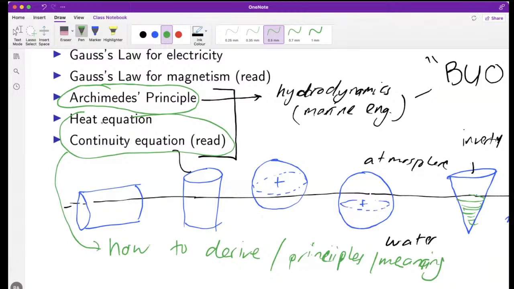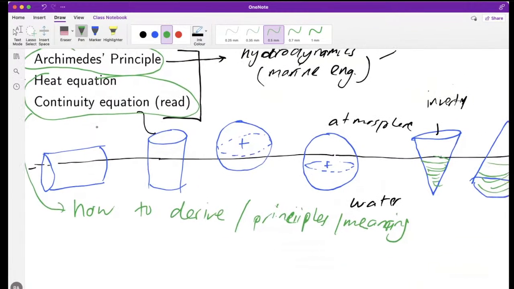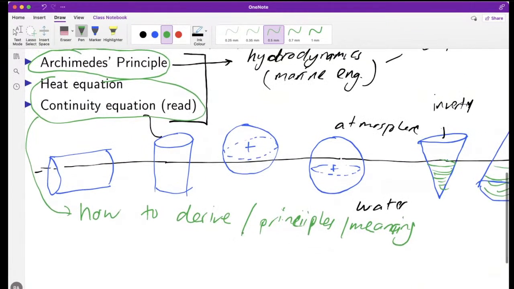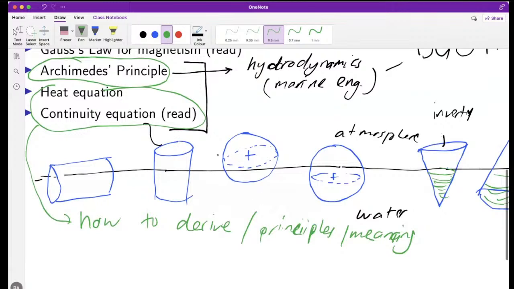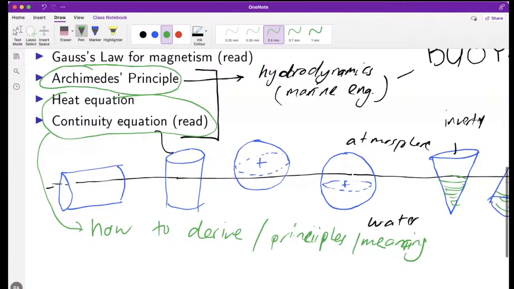It's not like this is something unique. These two equations appear in your other courses too. Maybe not the heat equation, which you will come across later on, in third or fourth year. But the continuity equation is basically the foundation of fluid dynamics and fluid mechanics. So I expect you to understand the derivation, the principles, and the meaning of these equations.